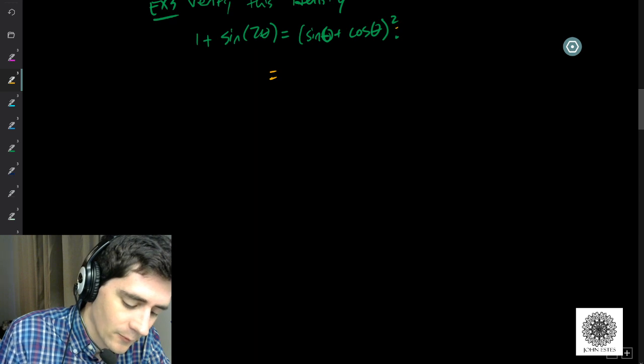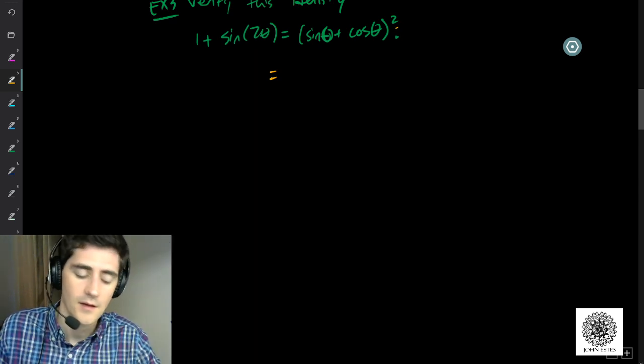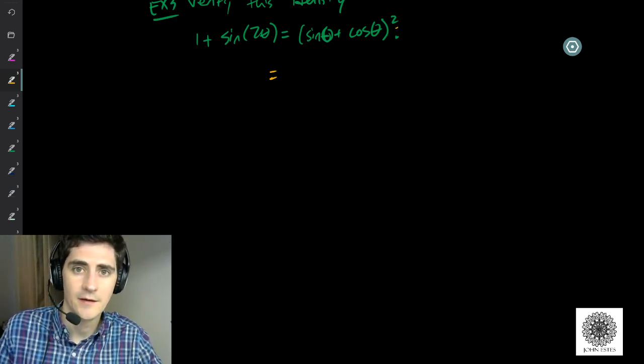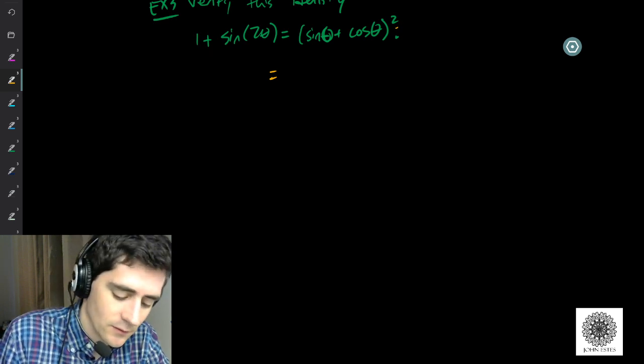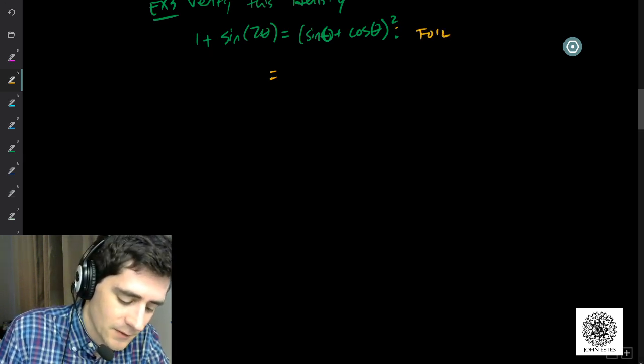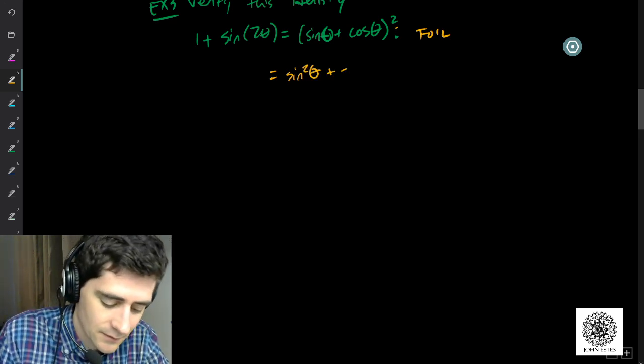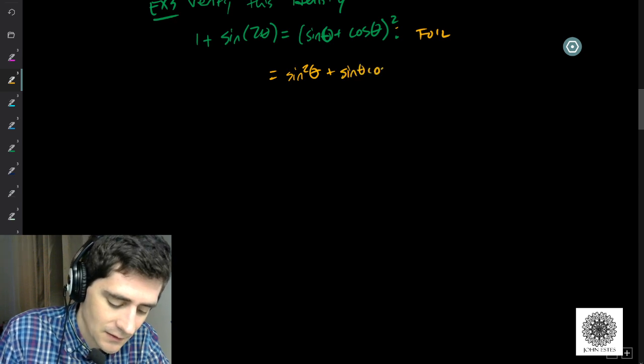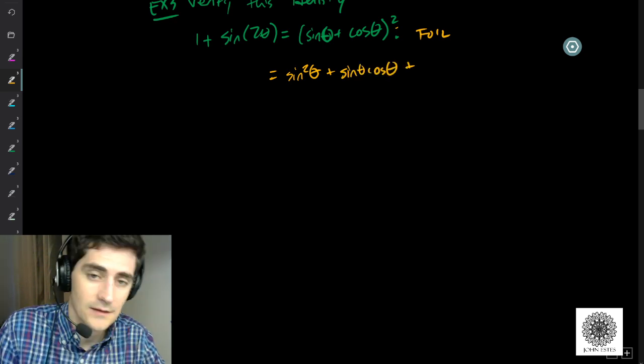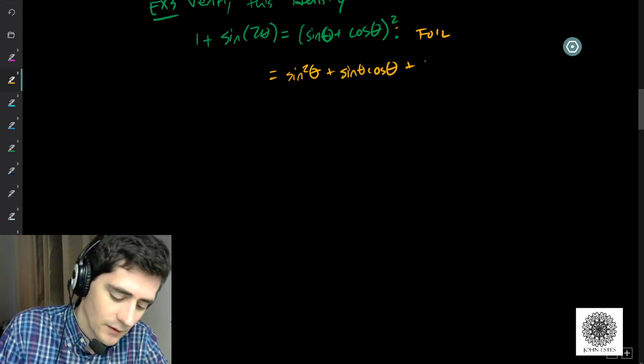remember that what I'm saying is sine theta plus cosine theta times sine theta plus cosine theta. So when I do the FOIL method, the first terms you'd have is sine times sine, which is sine squared. Your second term, you're going to have sine theta cosine theta. The inside terms are going to be the same thing, sine theta cosine theta.